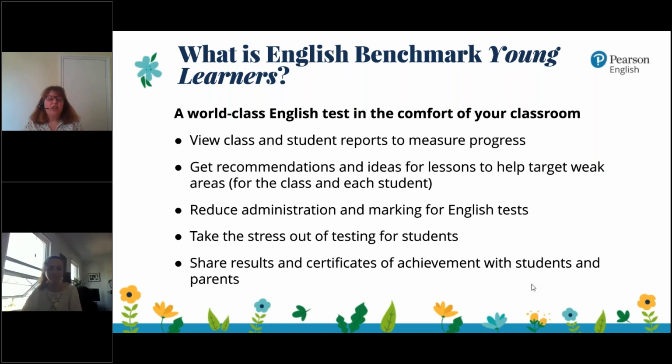Because let's face it, people can have good days and bad days, and people might mark things slightly differently in the morning to the afternoon. A computer's not going to do that, so the results are always going to be consistent. So speed, consistency, and that ability to sum up the scores and draw conclusions about ability.